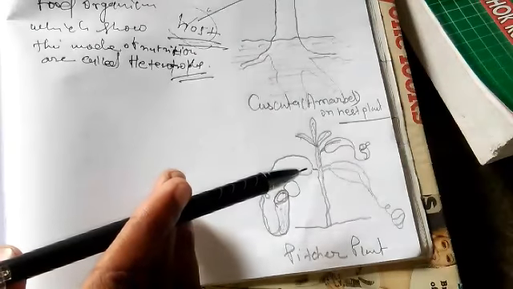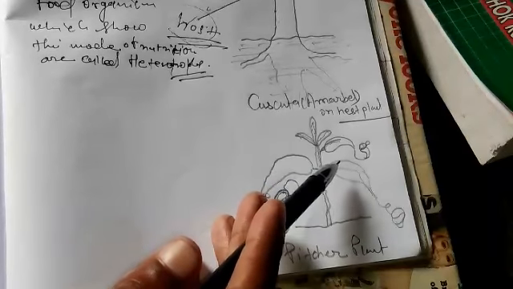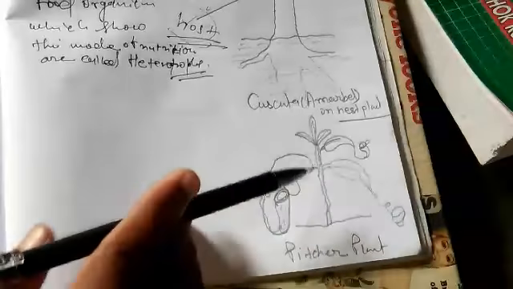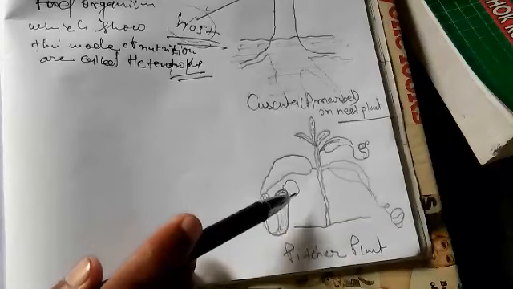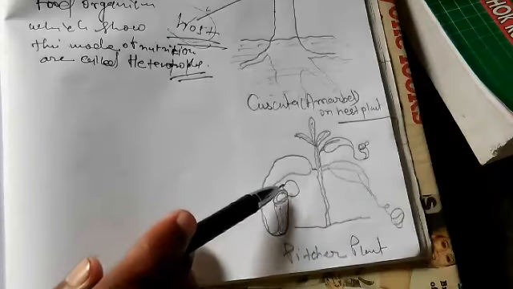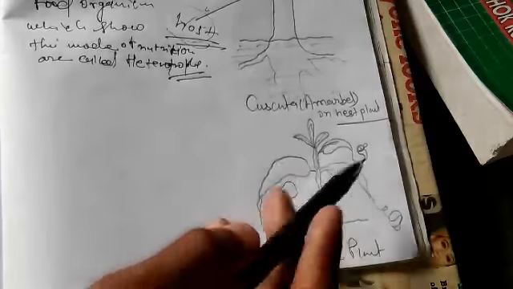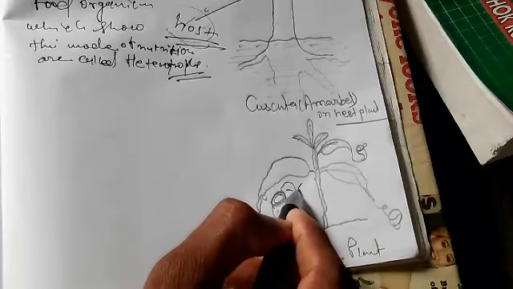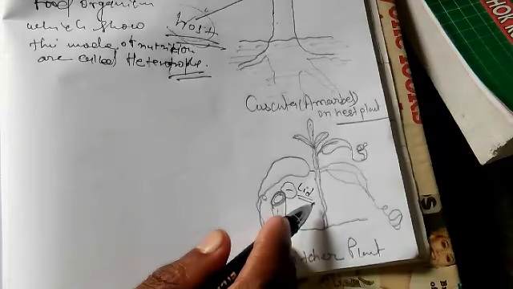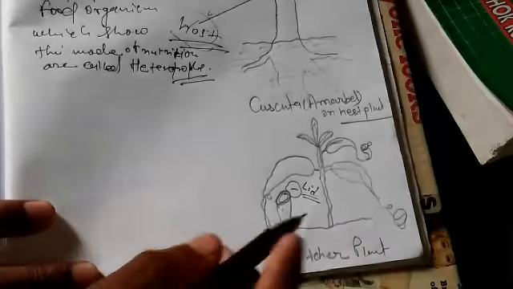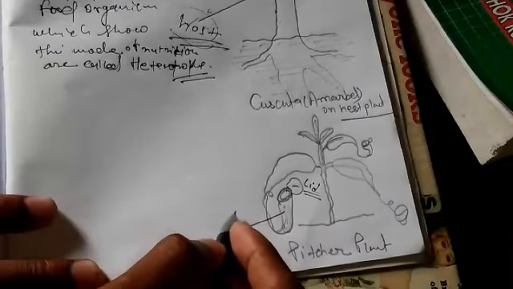These plants are green and have a jug-like structure, a modified part of the leaf. The apex of the leaf forms the lid, and this is the modified part.